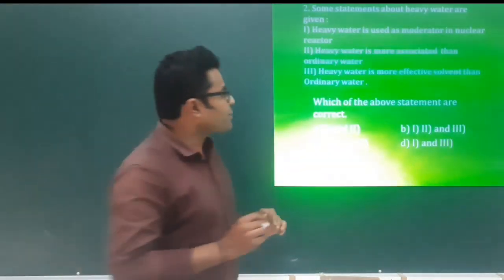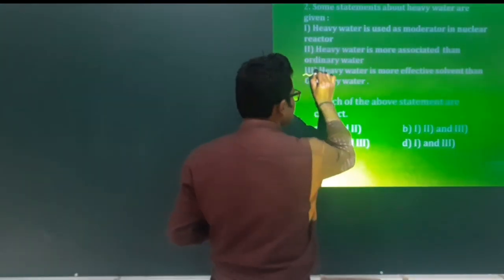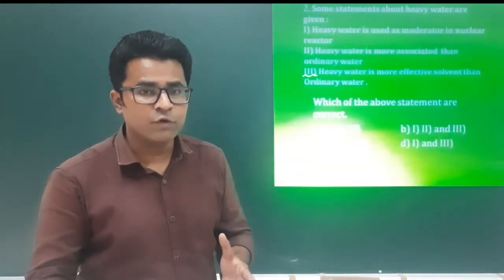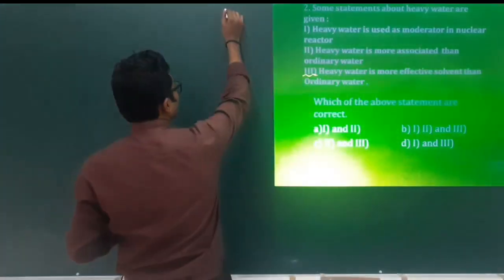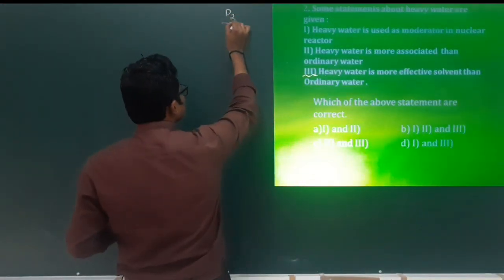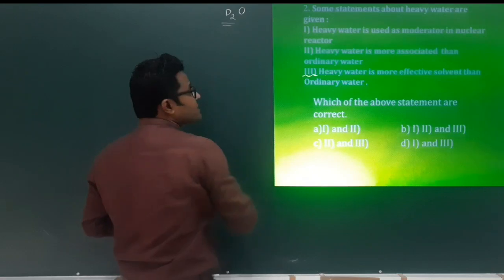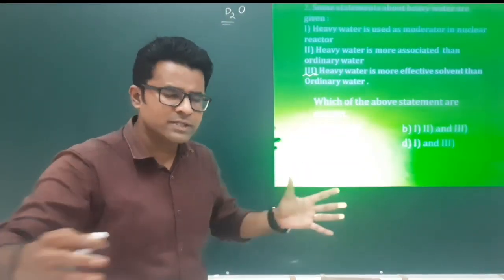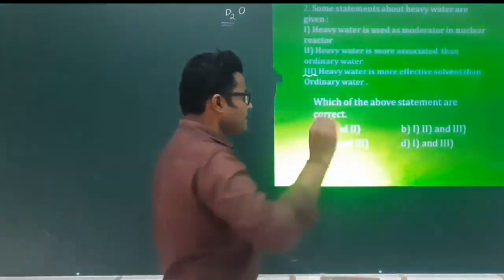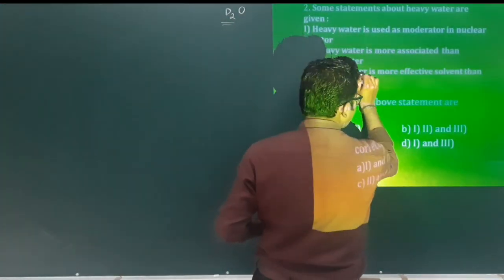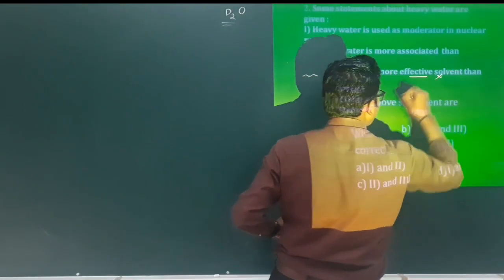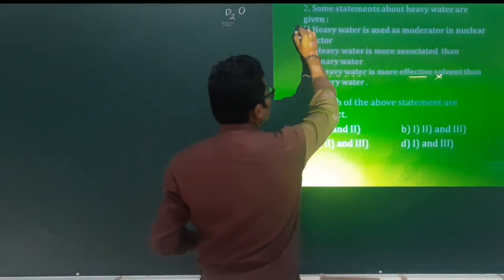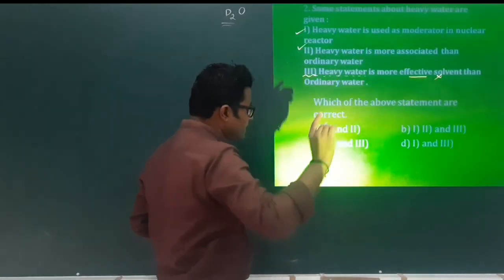Here option C is not correct because of the heaviness of deuterium. It lowers the rate of reaction, it slows the reaction process. So in such a condition, heavy water is not an effective solvent. So statements 1 and 2 should be the correct answer.